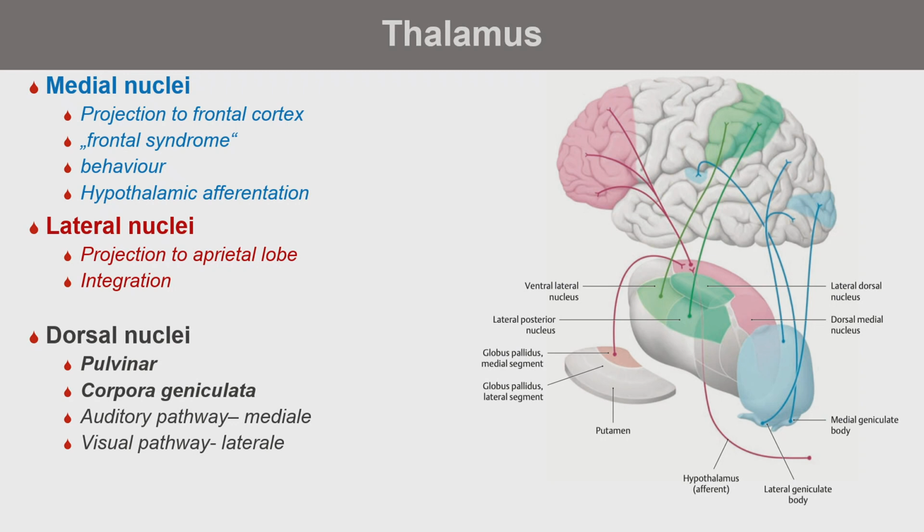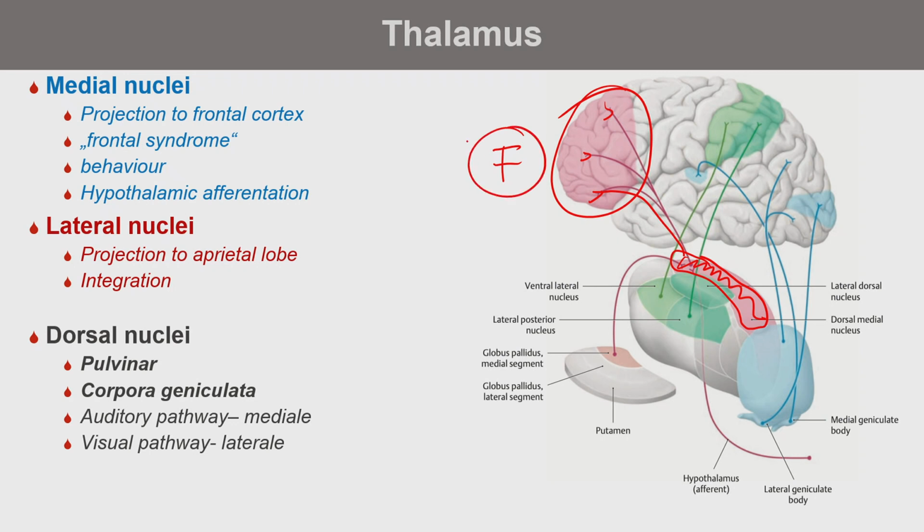So then we have a very important relay of nuclei which are localized medially, laterally, and also dorsally, and they are non-specific. When we look at their relay, the medial nuclei, here in pink, have relay with the frontal lobe.